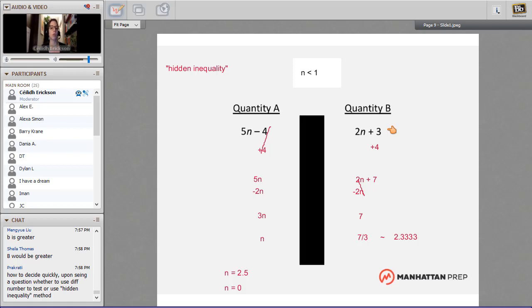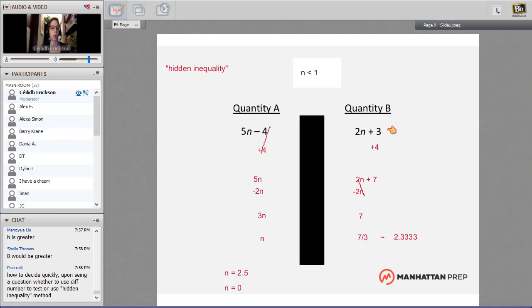So here's a difficult question. When people say, how do I decide quickly on test day? I don't have a great answer to that because, for me, I have muscle memory. I look at a problem and I immediately know instinctively which method to use. But the reason that I have that instinct is that every problem I've seen, I've done both ways, so I know for myself when it works and when it doesn't.